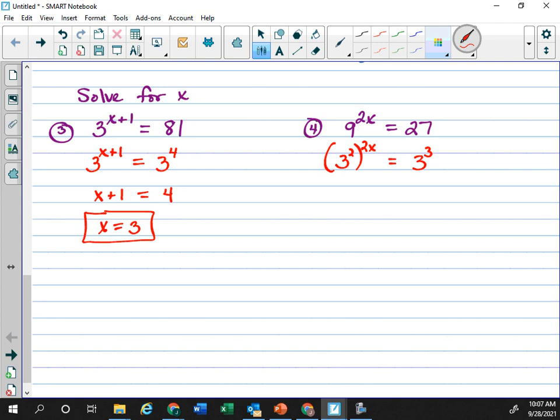Third. Okay. Exponent rules, what do I do when it's a power to a power, like on the left side? Multiply, good. So that's really 3 to the 4x equals 3 to the third.